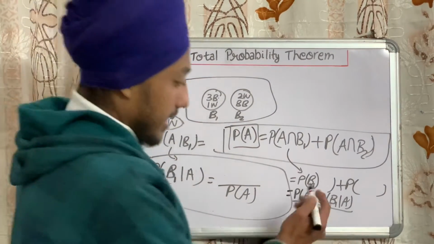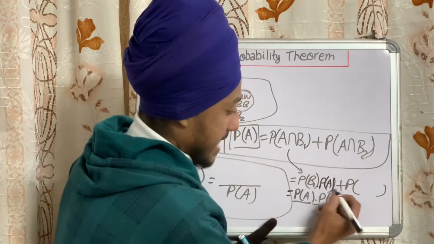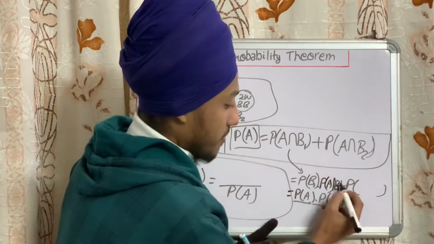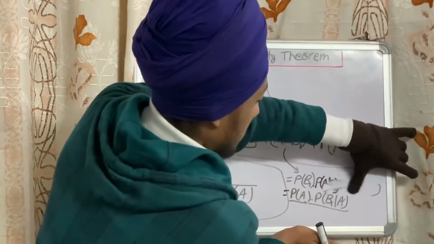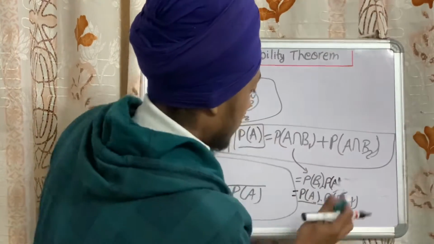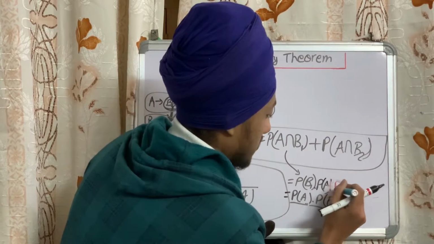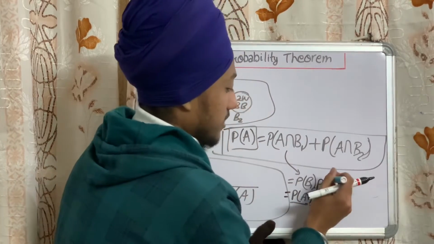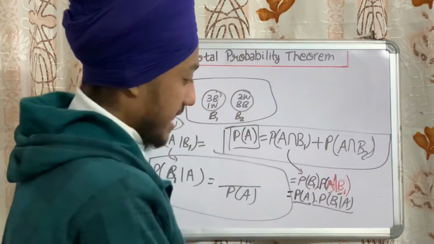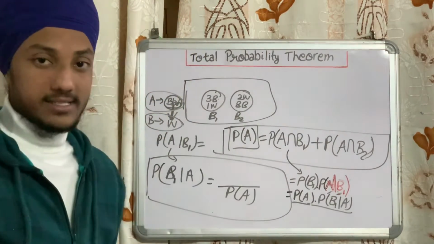So here we use the probability of finding A such that it is drawn from B1. That's how we can write the probability of A given that B1 is already taken. So this is the conditional probability.